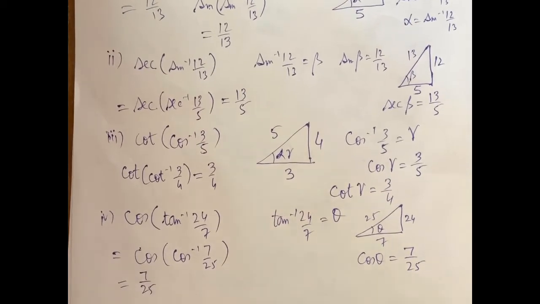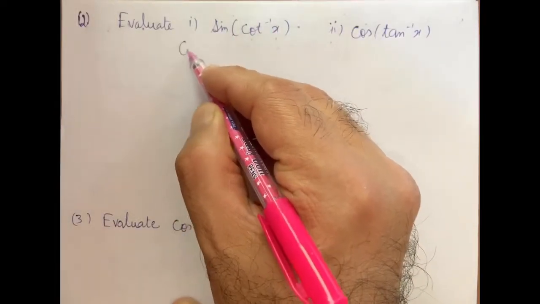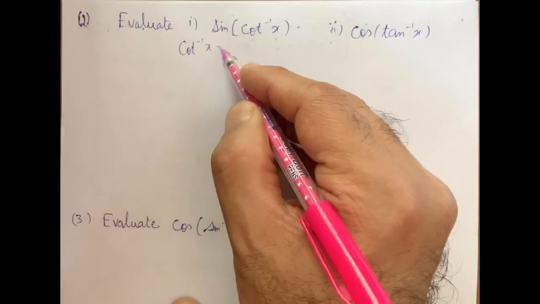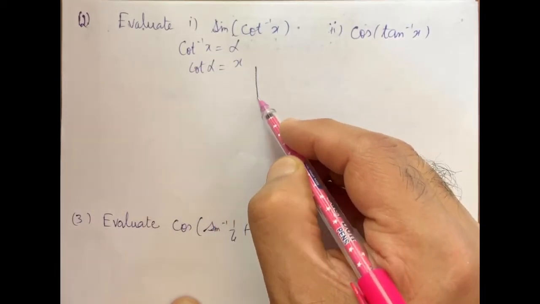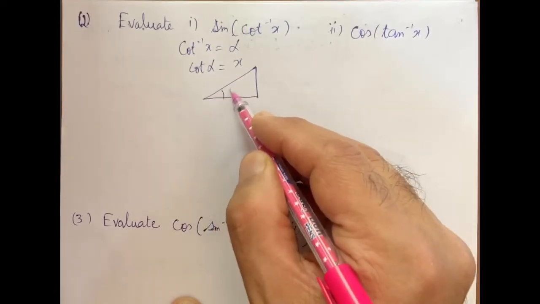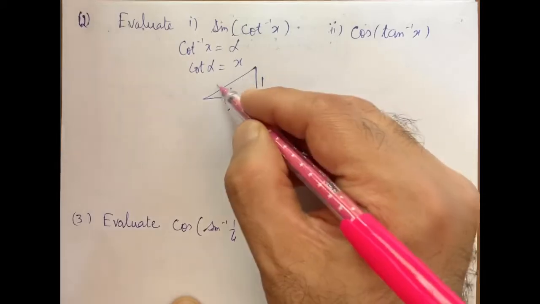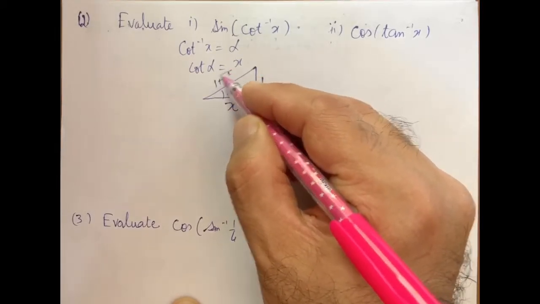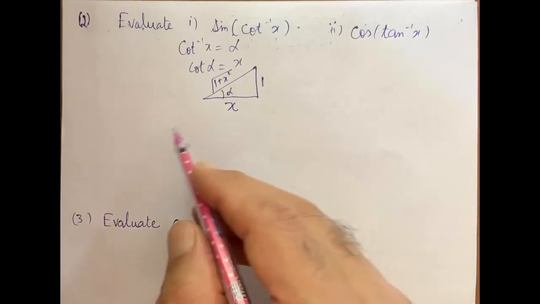Now find the value of sine of cot inverse of x. So let's say cot inverse of x is alpha. This means cot of alpha is x. So we draw a triangle. This is alpha. Cot is x, this is 1. This will be square root of 1 plus x square, using Pythagoras theorem.